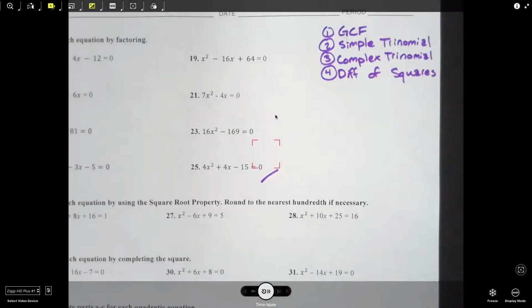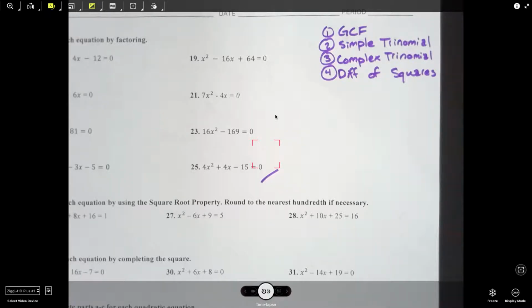Really quick, do this on your paper, 18 through 25. There are 2 of each. Label them. Which one is which? A simple trinomial is one that has 3 pieces, but nothing in front of the x squared. So which one has 3 pieces and has nothing in front of the x squared?